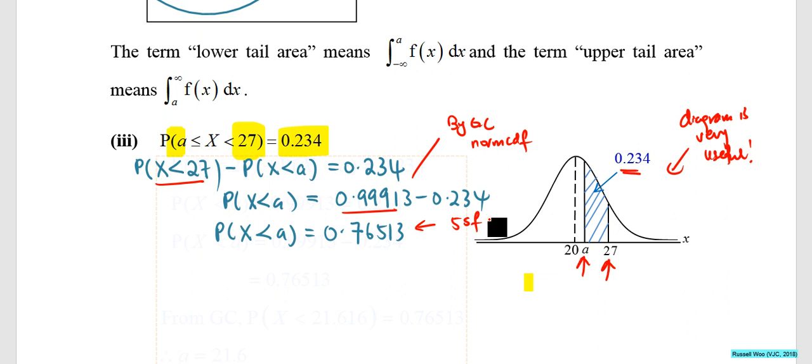Okay, 30 seconds, find A. Inverse norm. If you press your calculator fast enough, I don't think it's a big problem.